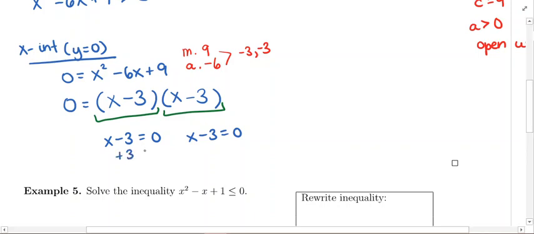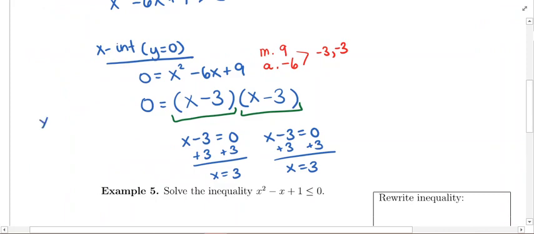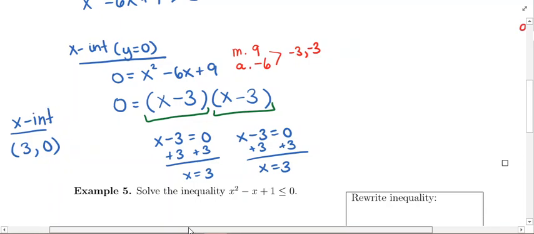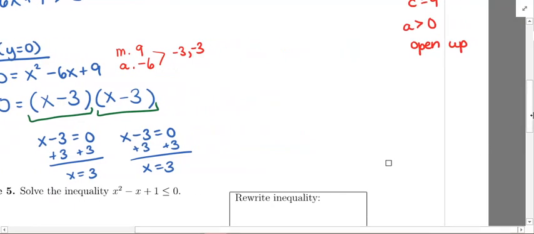If we solve this, in both cases we get that there's one x-intercept and it is at x equals 3. If you had to write this as an ordered pair, your one lone x-intercept is at the point x is 3, the y value is 0. So we know the one lone x-intercept and we know that this parabola opens upward.